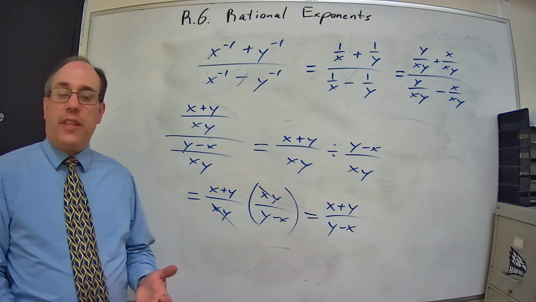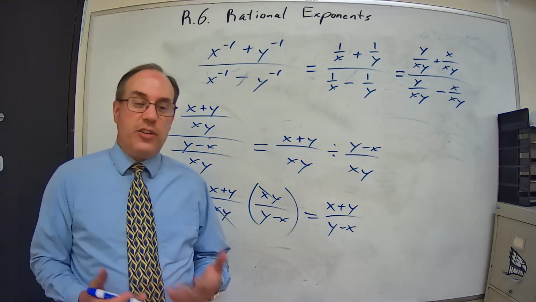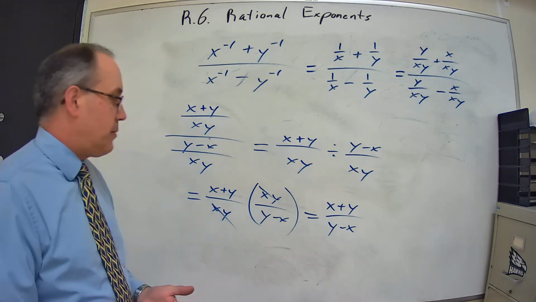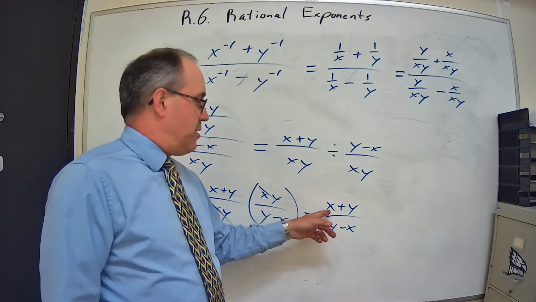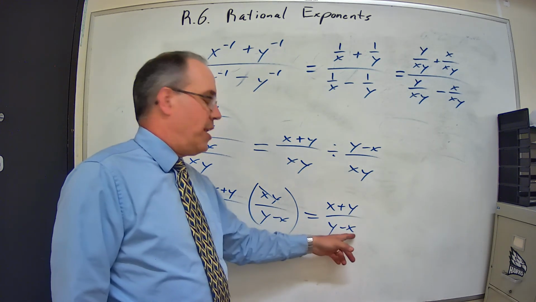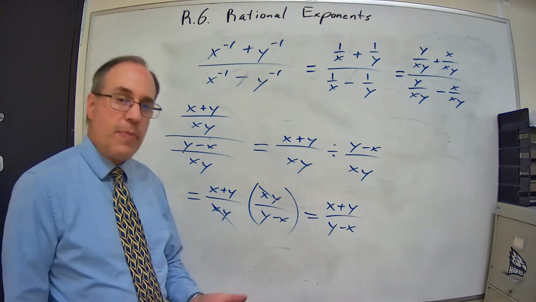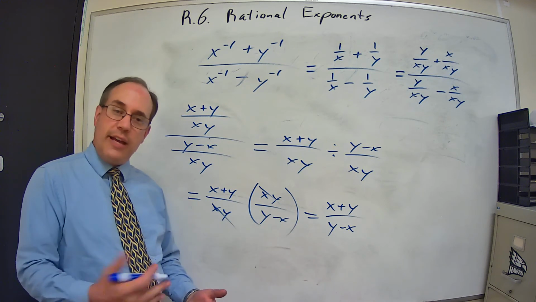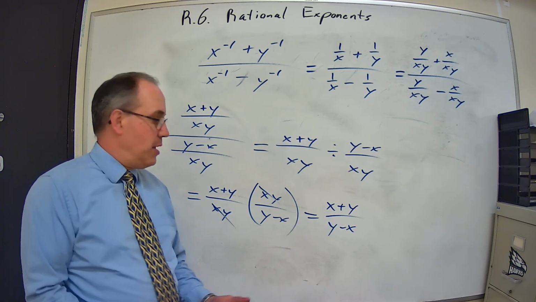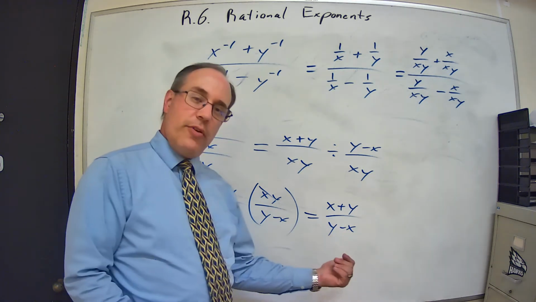There's one more thing that we could do if we decide to go that way. Maybe you don't like the fact that you've got x plus y here and y minus x, and you want x to be first. Remember what you can do when you have something like that: you can pull out a negative 1, and that will swap those.